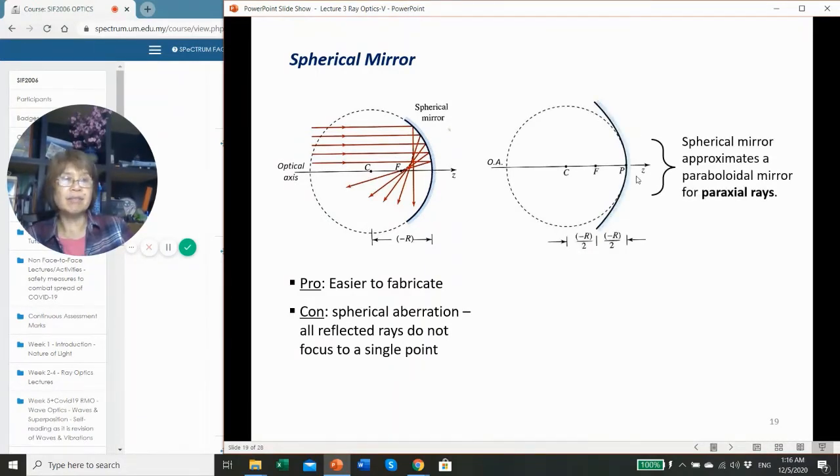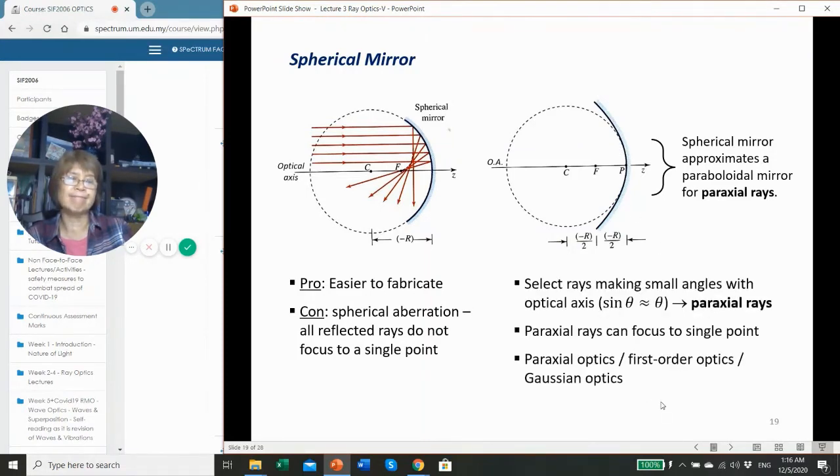Spherical mirror at paraxial positions, that is close to the axis, approximates the paraboloidal mirror. So rays that are very near the axis can be brought to a single focus point. Paraxial optics can be called first order optics, and sometimes Gaussian optics.